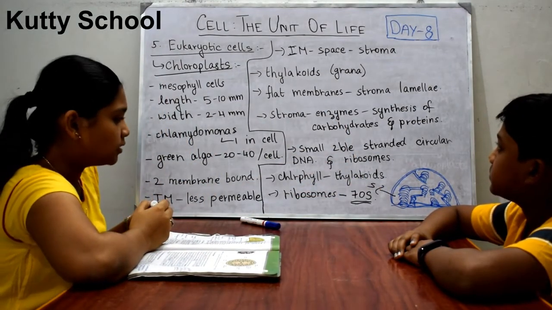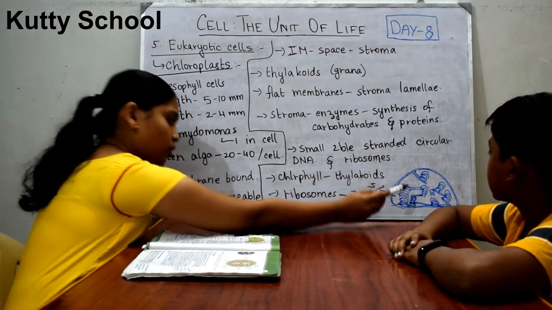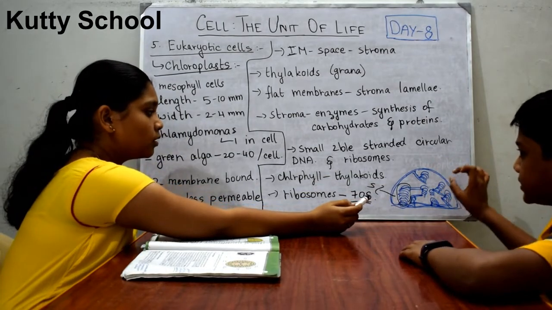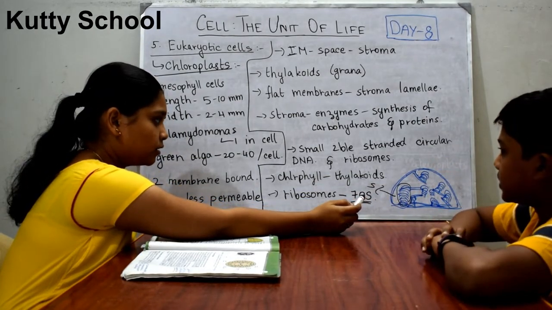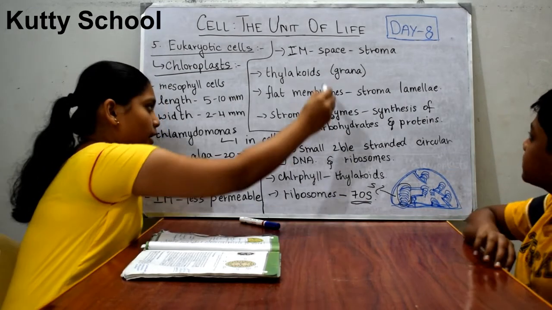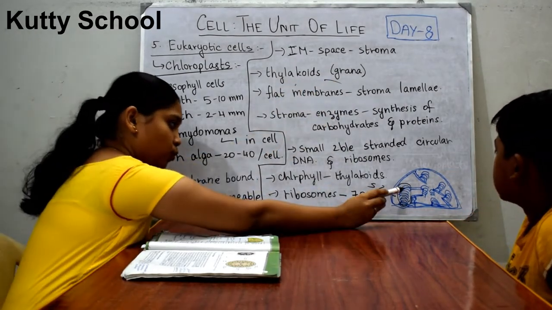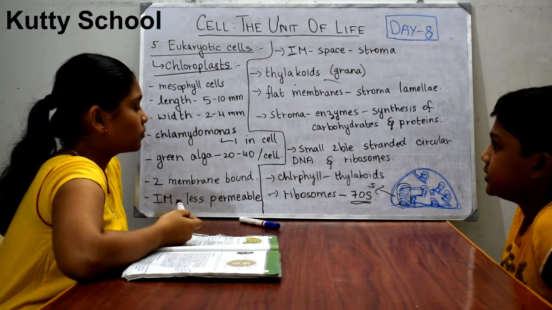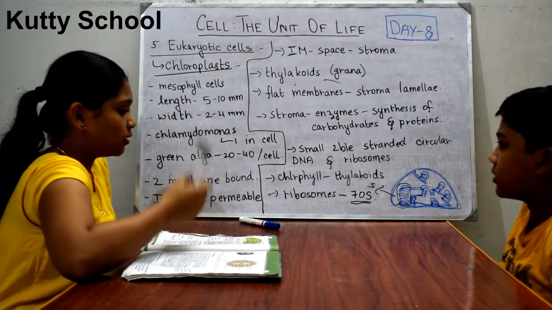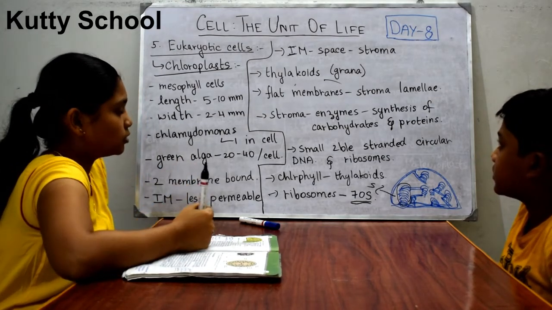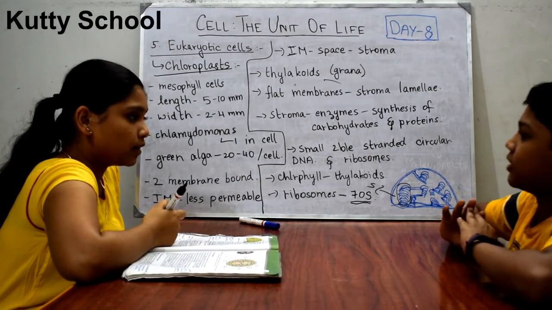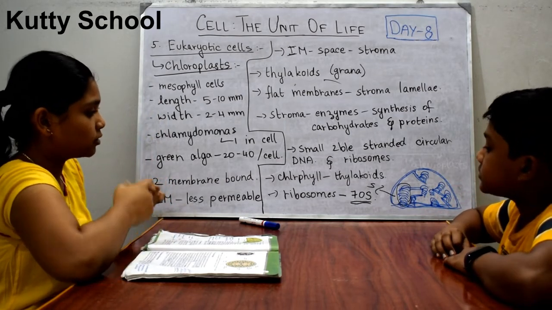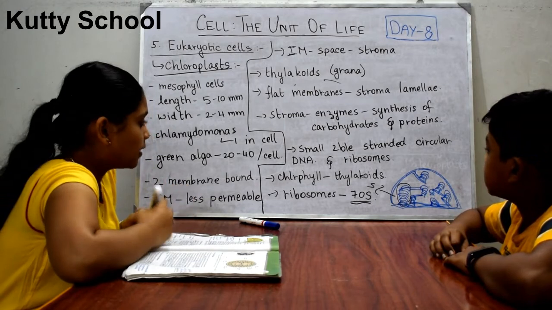The stroma has pile-like structures called thylakoids. These are flat compartments known as thylakoids, and a single coin-like unit is known as a granum; many grana stacked together form the stack.